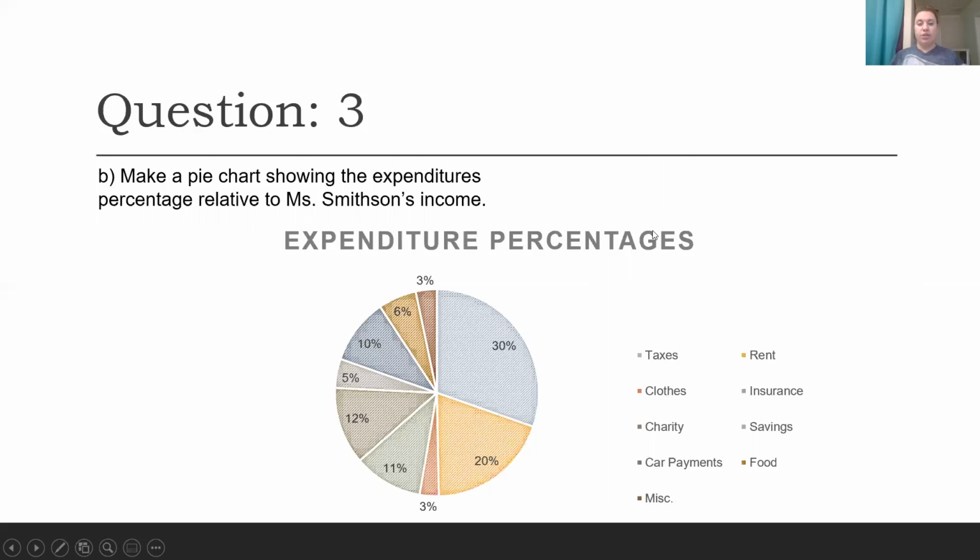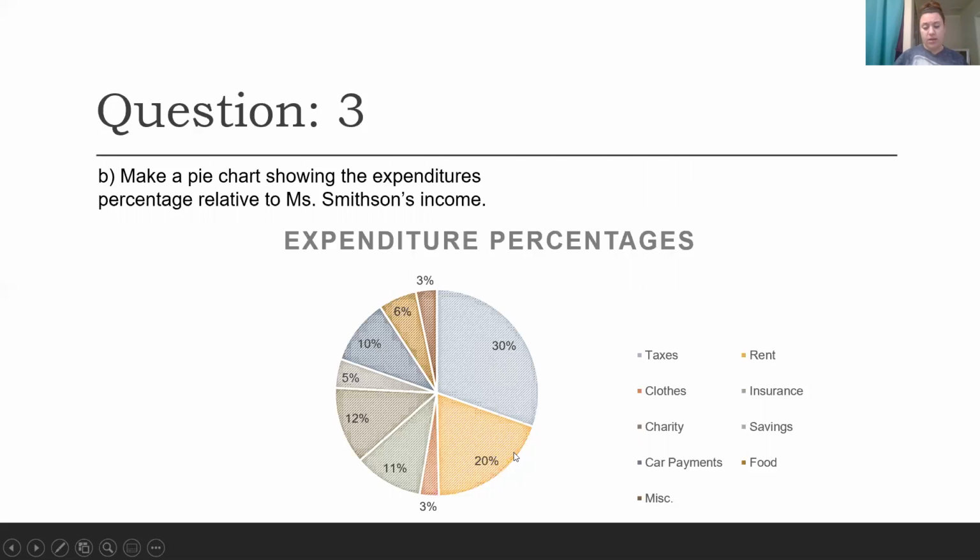A pie chart is pretty much showing us in a more visualized way, like a picture, how big and how little an amount of space something took. So taxes, you can see it's 30%. That may not sound like much, like if it was 50 or 100% of everything, but you can see that taxes did take the most of the $66,000 that she had.